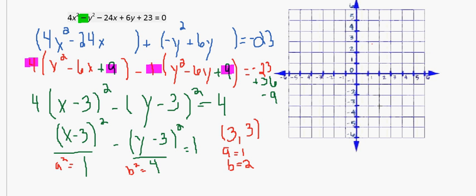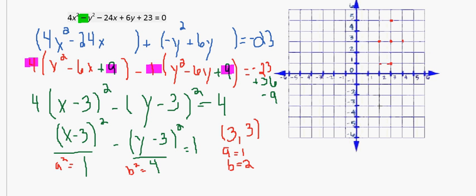So we're going to go to our center of 3, 3 first of all, and put a dot at our center of 3, 3. I'm going to go out 1 on the x-axis, which just means I go out 1 to the right and 1 to the left. And I'm going to go out 2. So again, from that center, I'm going to go up 2 and down 2.